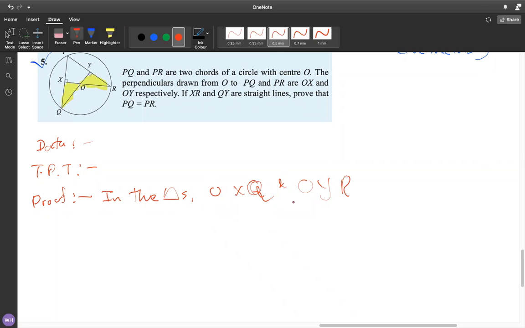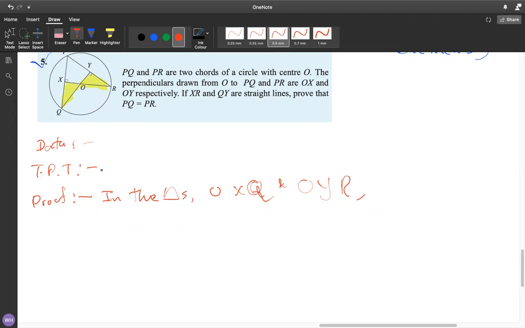These two triangles you will have to consider. What is the case that is more suitable to use here? Yes, I would recommend to use angle and a side, right? So you'll have to find two pairs of angles and one pair of sides.